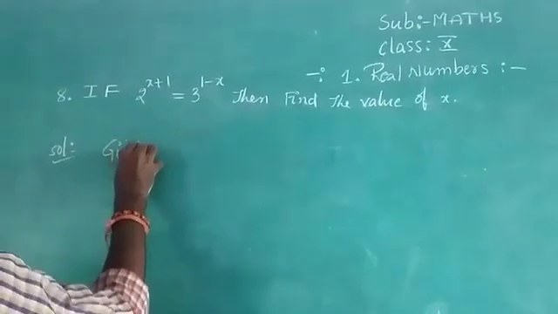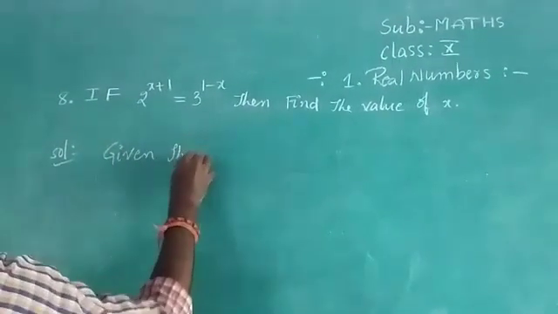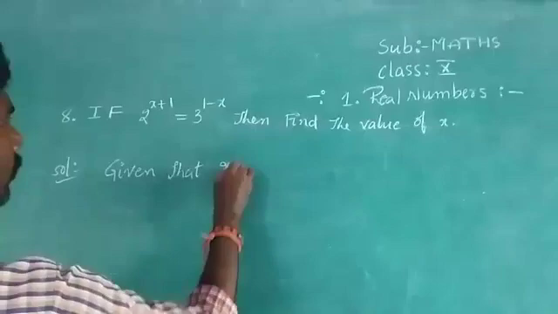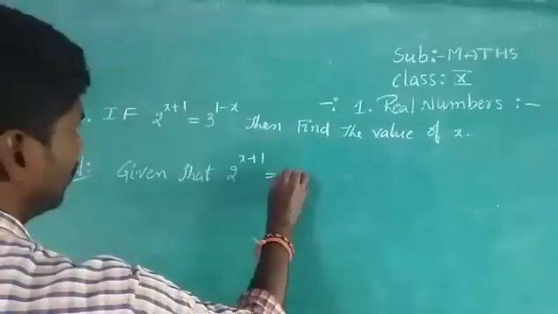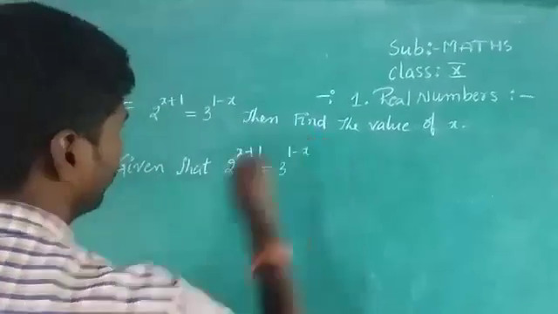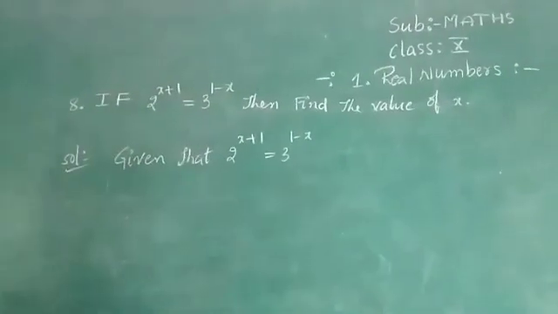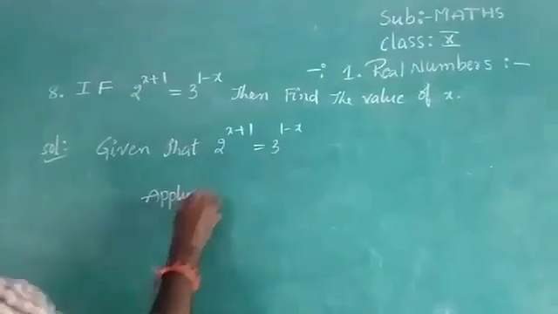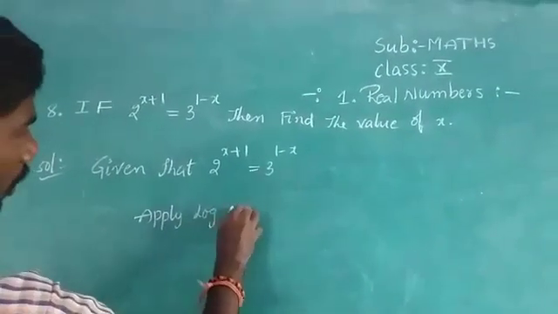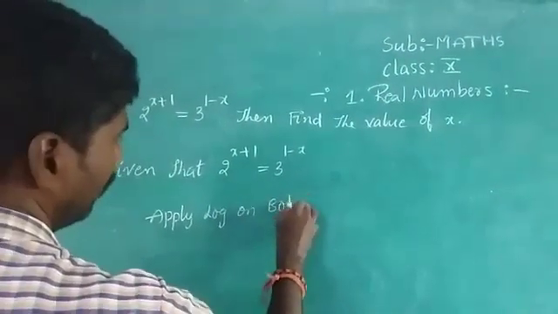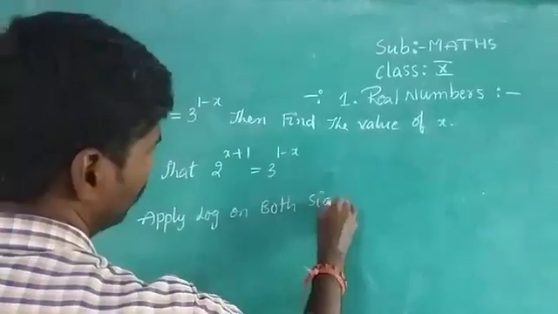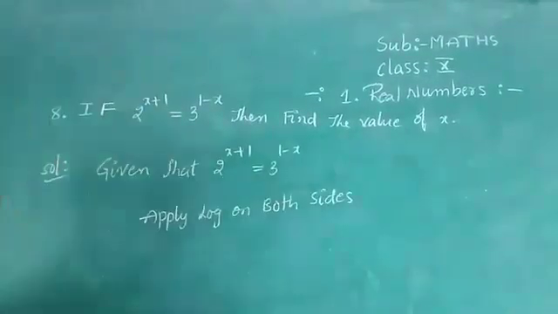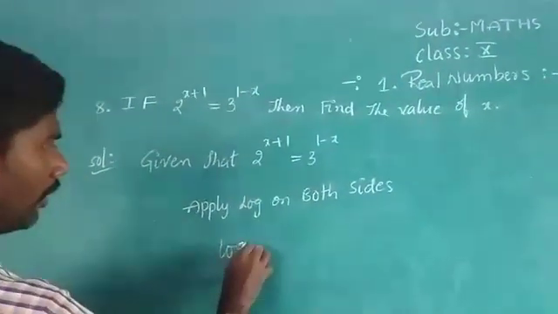Given that 2 to the power of x plus 1 is equal to 3 to the power of 1 minus x. I am applying log on both sides. So what do you get?